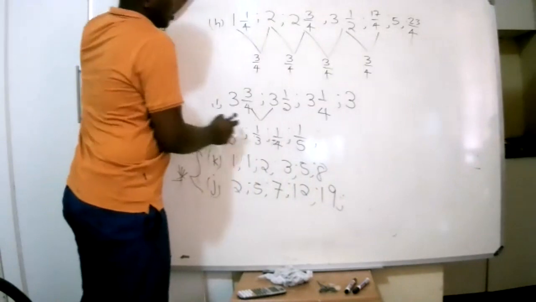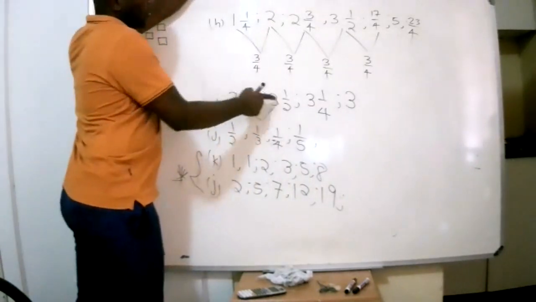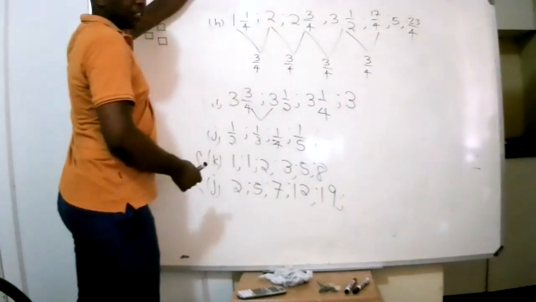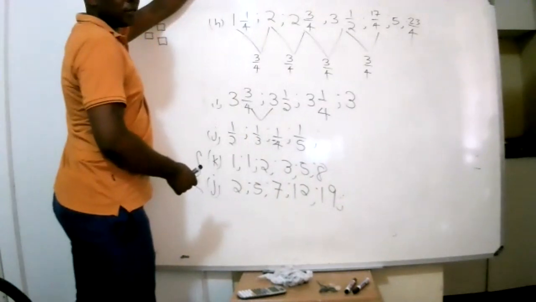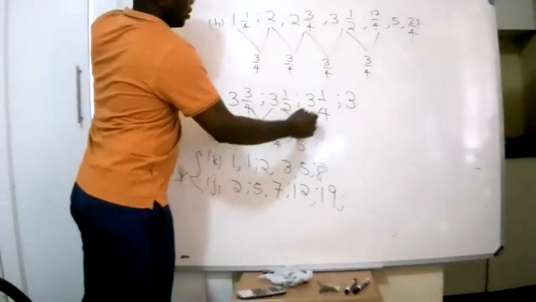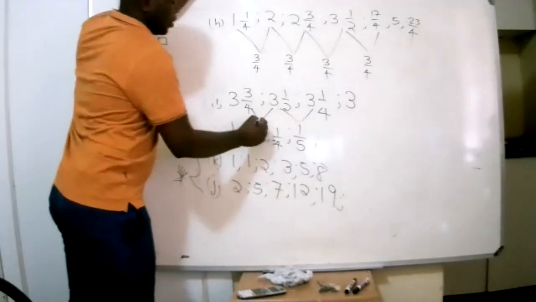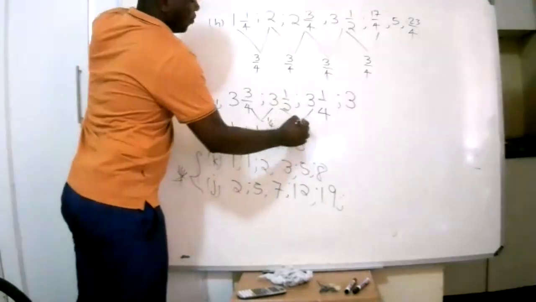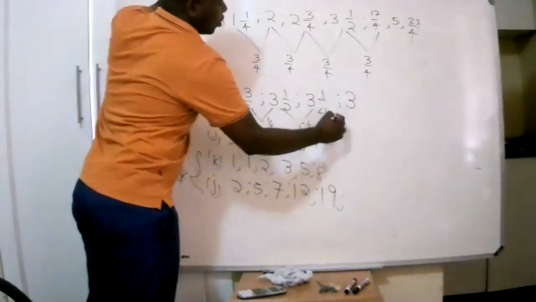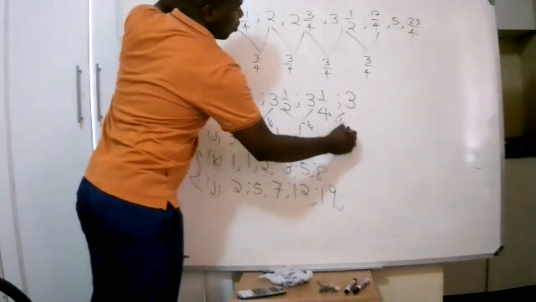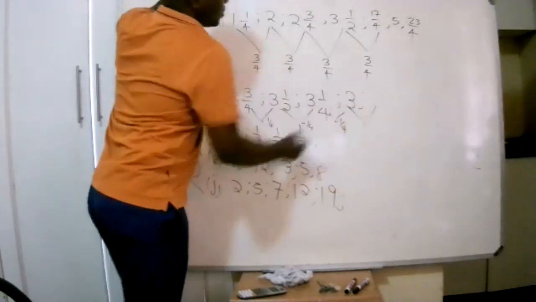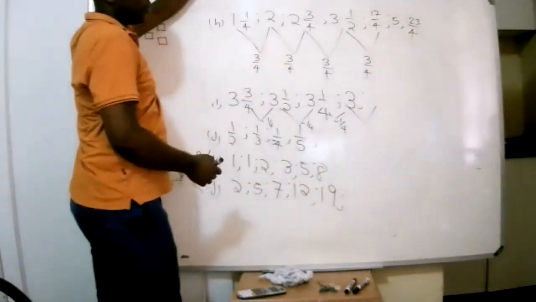Quickly tell me the common difference you obtained for this question. Negative 1 over 4. And then the next term after 3? 11 over 4.